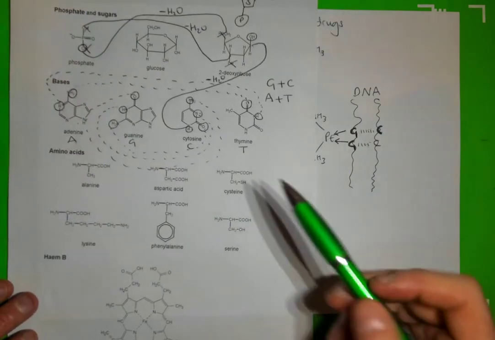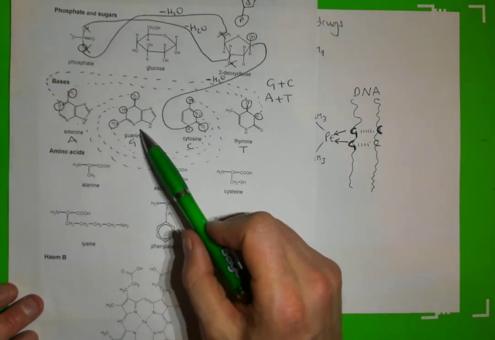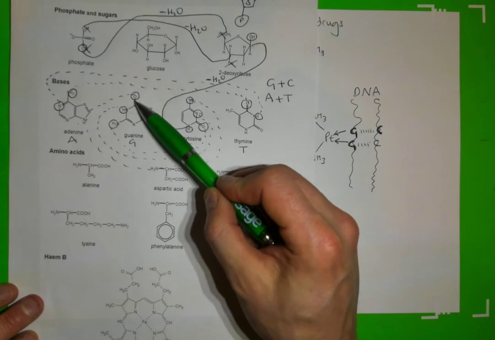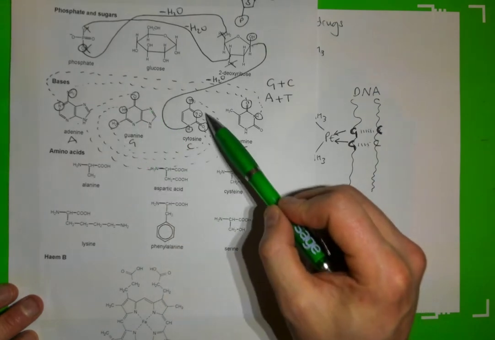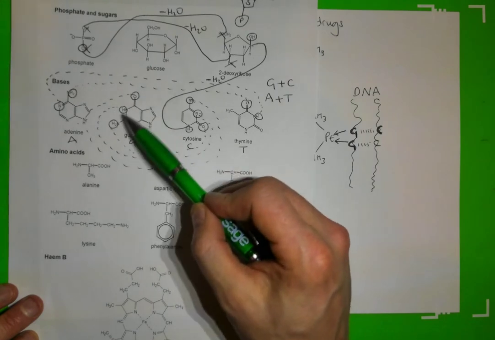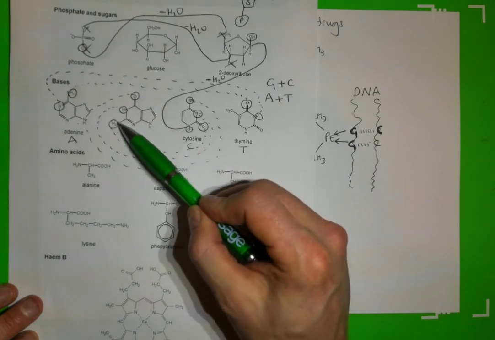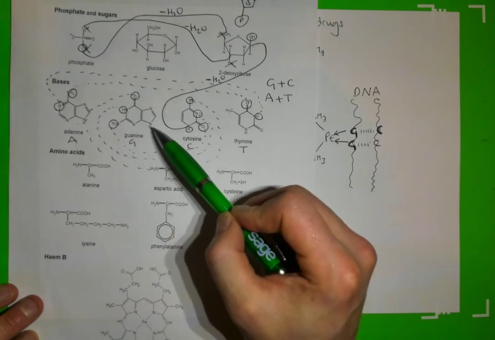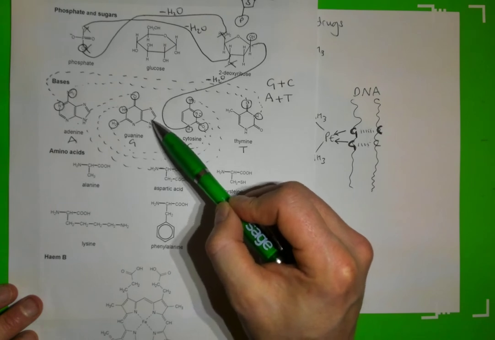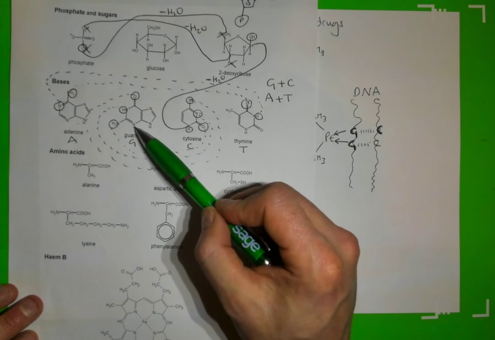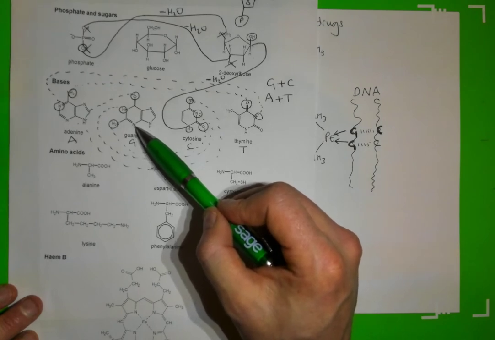So let's have a look at the structure of guanine. You can see here I've already edited this sheet to show how guanine can hydrogen bond to cytosine. So it can't be any of these nitrogens here. It can't be this one, because this one has got a hydrogen on it, so there's no lone pair on this N. And it turns out that it can't be that one because the sugar will be in the way of it.